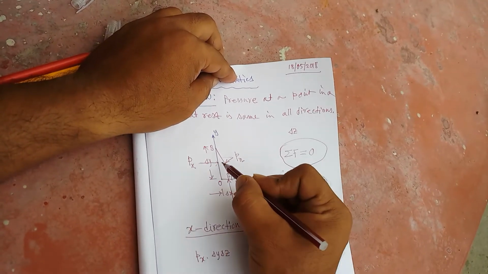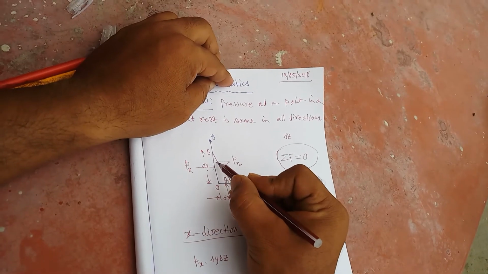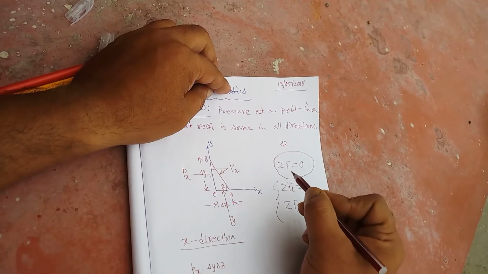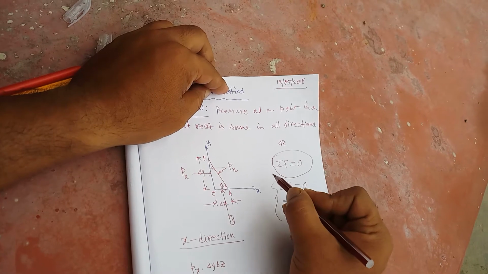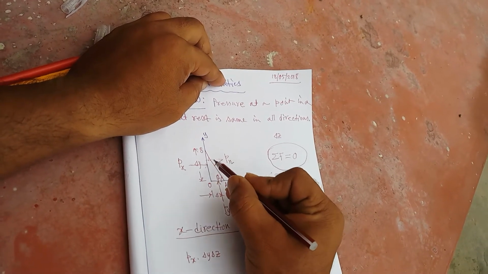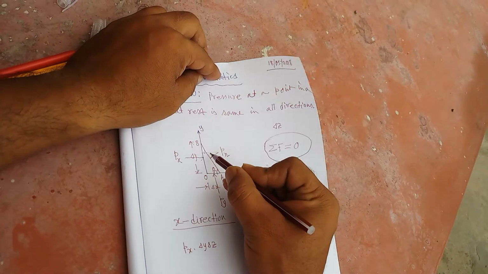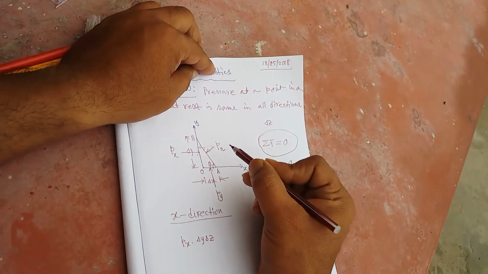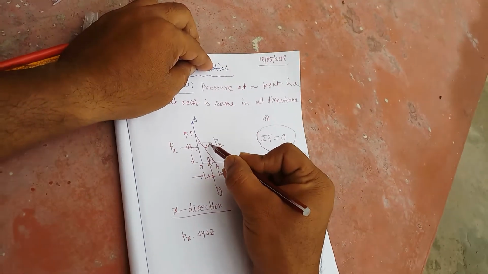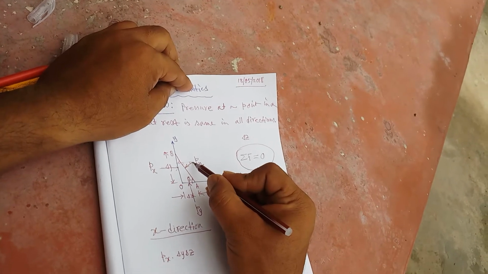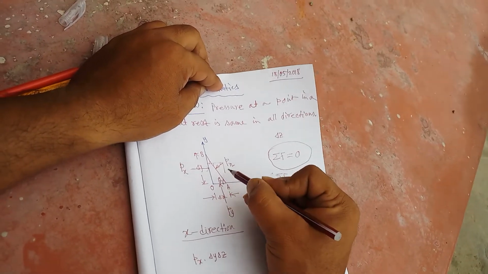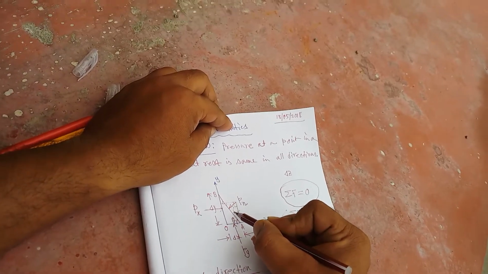Since this is theta, this angle is also theta, because line OA and this line are parallel to each other, so these angles are the same. That means this angle is 90 minus theta. If you draw one vertical line from here, this angle will become theta.